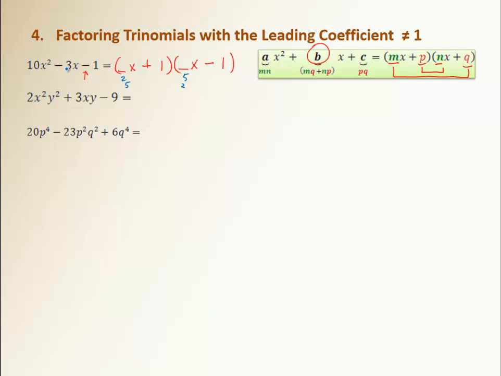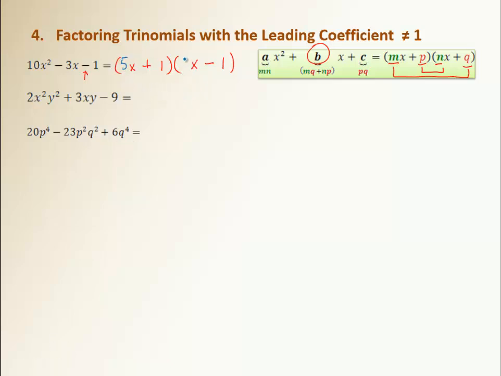Well, we'll always check the middle term. If it's, for example, the first case, 2 and 5, then the middle term would be 5x here and negative 2x there. So 5x minus 2x is 3x, but it's positive 3. Oh, that means I need to switch my numbers. Therefore, let's check the possibility of having 5 and 2 in that order.